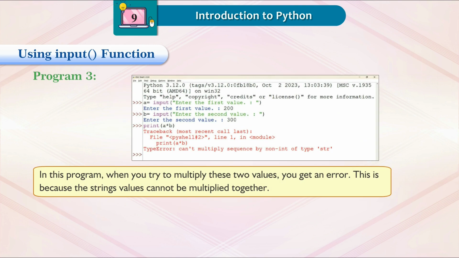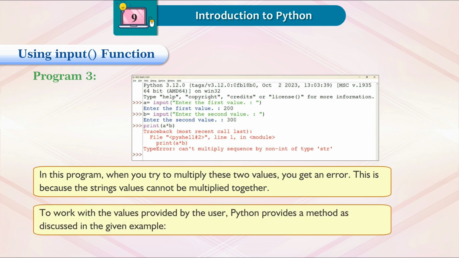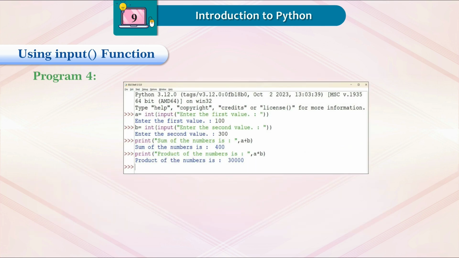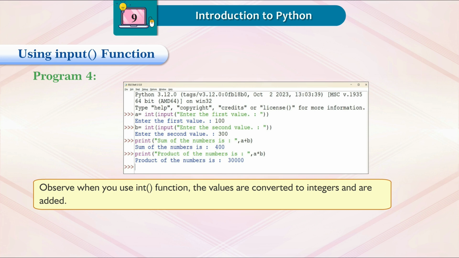In this program, when you try to multiply these two values, you get an error. This is because the string's values cannot be multiplied together. To work with the values provided by the user, Python provides a method as discussed in the given example. Program 4. Observe when you use the int() function. The values are converted to integers and are added.